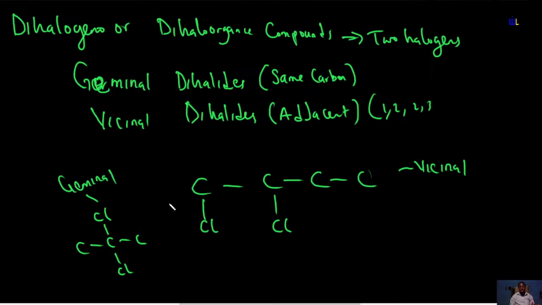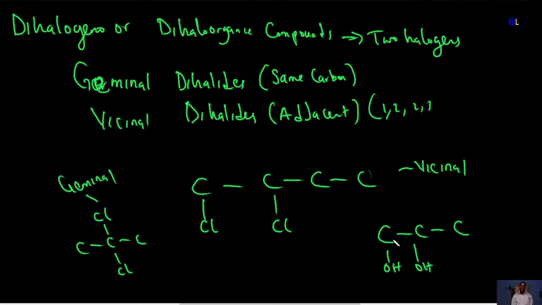Okay, so it's important to take note of these things because these arrangements will affect the reactions that we're going to be considering further. Now, the point I would like you to note is that this arrangement also applies to your alcohols, which means when I say a vicinal diol, what I actually mean is an alcohol in which there are two hydroxyl groups and they are placed adjacently.